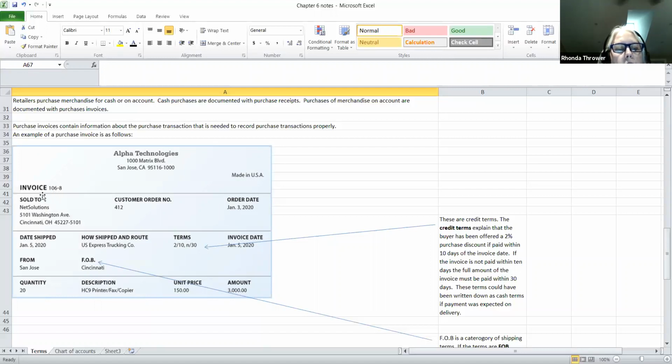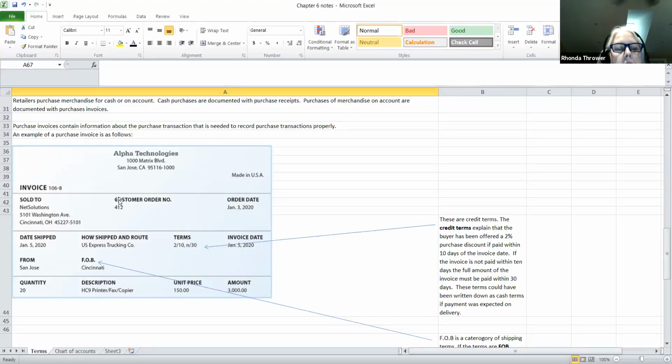On the purchase invoice, it should have who the merchandise was sold to. Again, we're going to be the Net Solutions company. We're buying from Alpha Technologies. So Alpha Technologies would send us this invoice with information about our purchase on it.